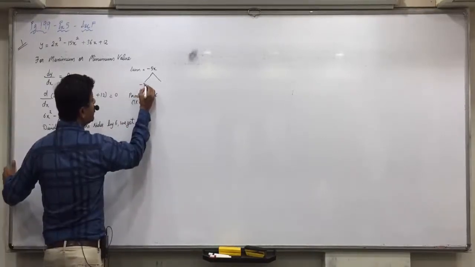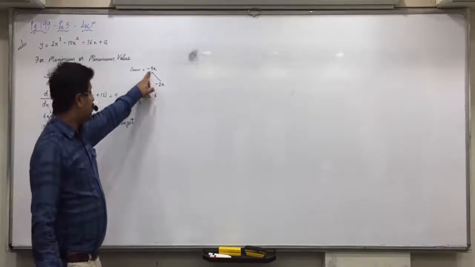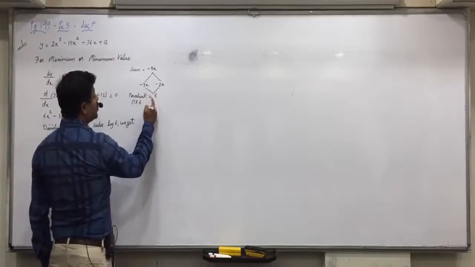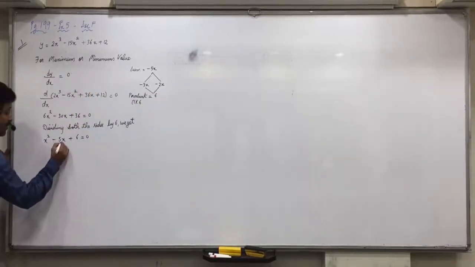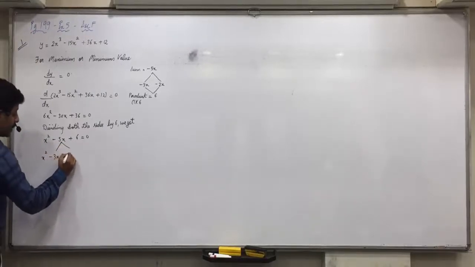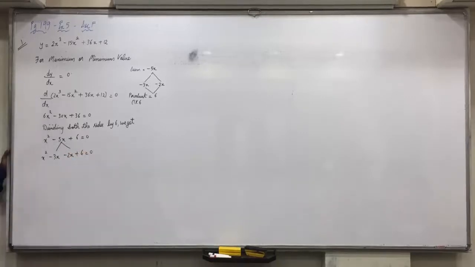So can I say minus 3x minus 2x? What is minus 3 minus 2? Minus 5. What is minus 3 into minus 2? Plus 6. So how will you split this: x square minus 3x minus 2x plus 6 equals to 0?